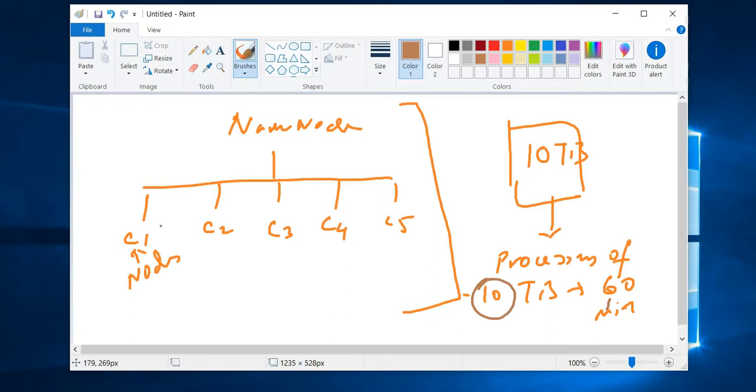And when all of these 5 machines are processing, they are taking how much time? They are taking 60 by 5 equals 12 minutes. So this is the beauty of the parallel computation in Hadoop, that it is faster because why? It's faster because we are dividing the task among the nodes.